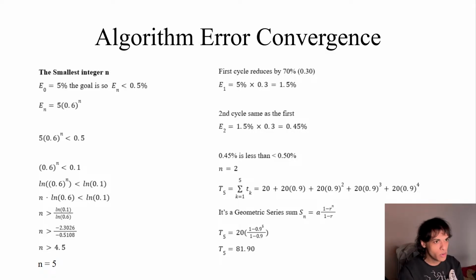So we'll multiply the 30% by the 5% error that we already have. And 30% of 5% is 1.5%. And then we run that for a second time and we get 0.45%, which is less than 0.5%, right? Which is less than 0.5%.